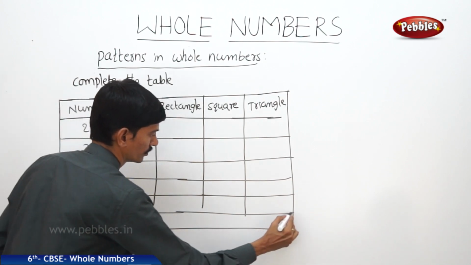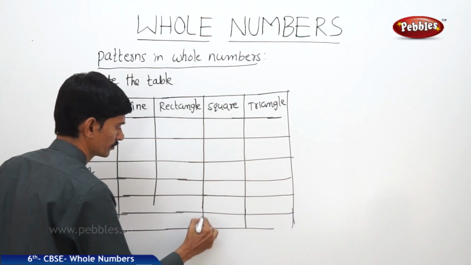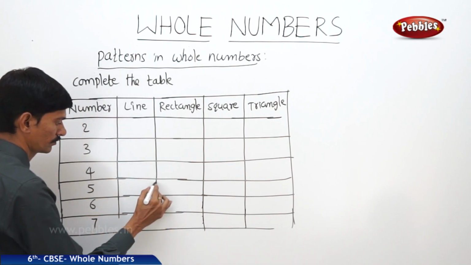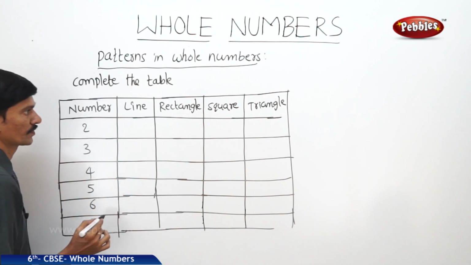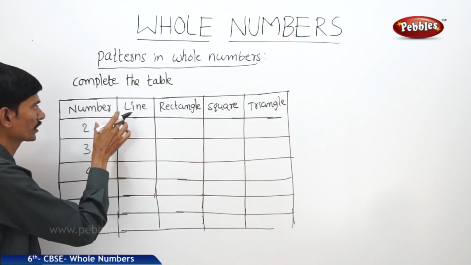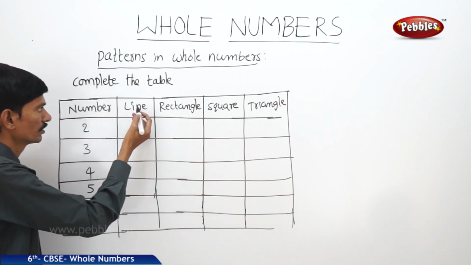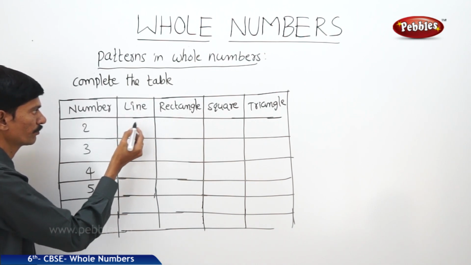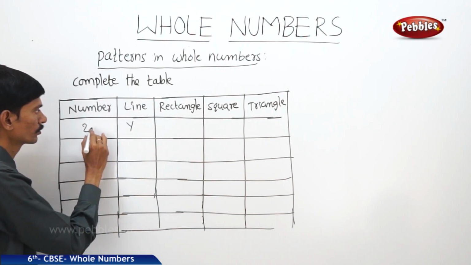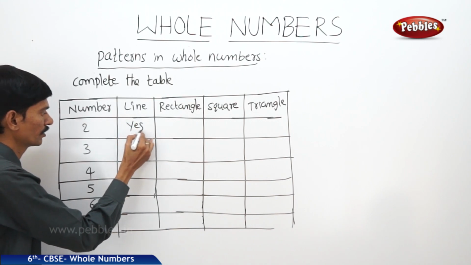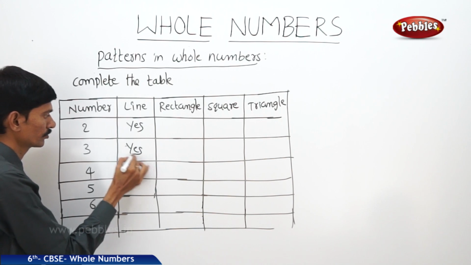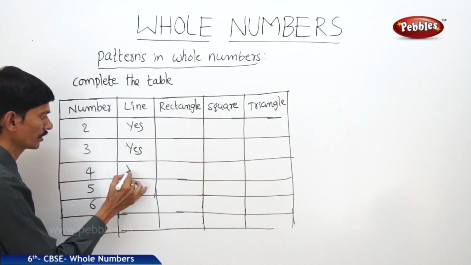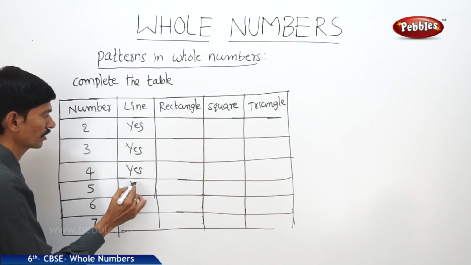So we can take any number. Now we know that every number can be shown as the geometrical shape of line made up of dots. So we can write 2 can be shown as the line and 3 also can be shown as the line. So every number can be shown as the line, so we can write yes in the line column.